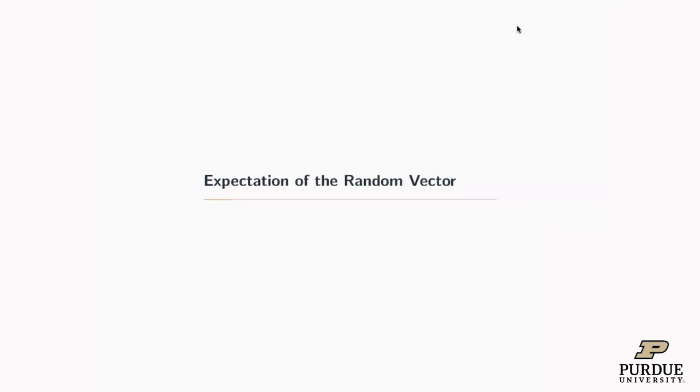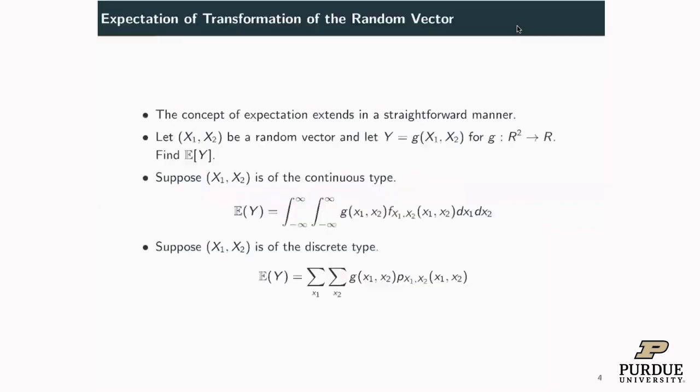Now let's move to the expectation of a random vector. The concept of expectation extends in a straightforward manner. For example, let (X1, X2) be a bivariate random vector, and let Y be a function of X1 and X2, for example Y equals X1 plus X2, or X1 over X2. So this is a function g.